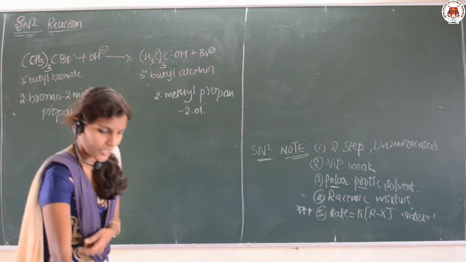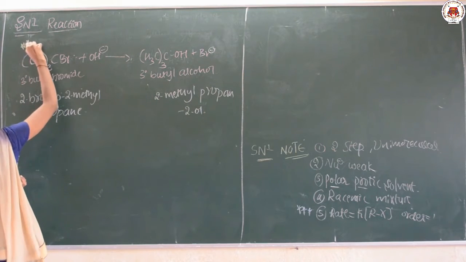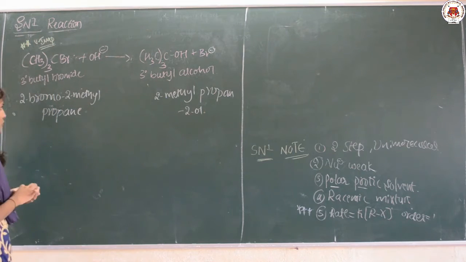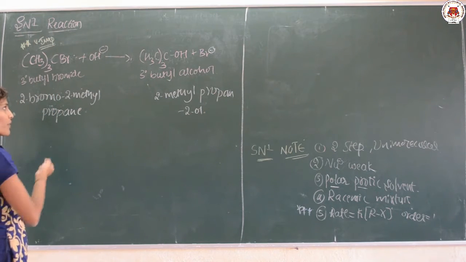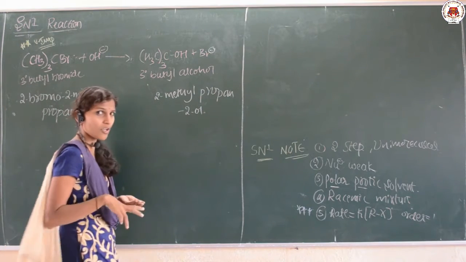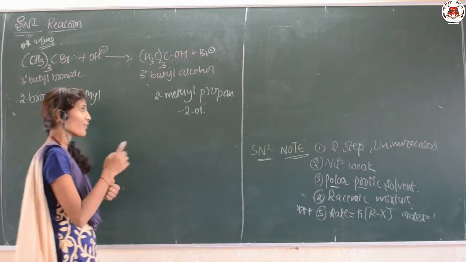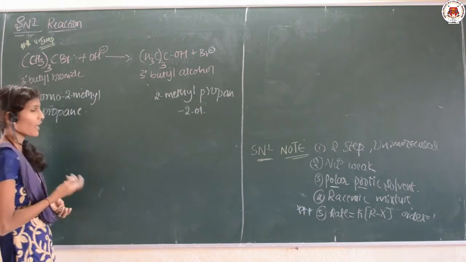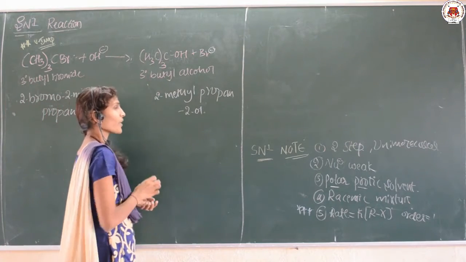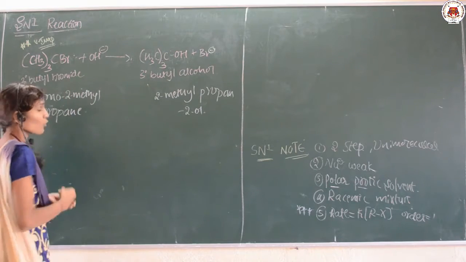This reaction is very important. Sometimes they give you the IUPAC names: how do you prepare 2-methylpropan-2-ol using 2-bromo-2-methylpropane, or how will you prepare tertiary butyl alcohol using tertiary butyl bromide.